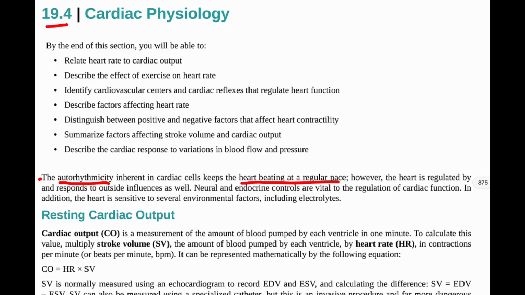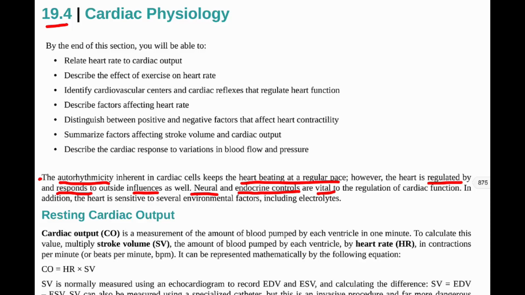So it'll keep beating at a regular pace, but the heart is actually regulated by and corresponds to outside influences as well. We have neural influence, we have endocrine controls, and those are vital to the regulation of this cardiac function. Relying on the heart cells alone is possible for short periods of time, perhaps even long periods of time, depending on how stable a person is in general.